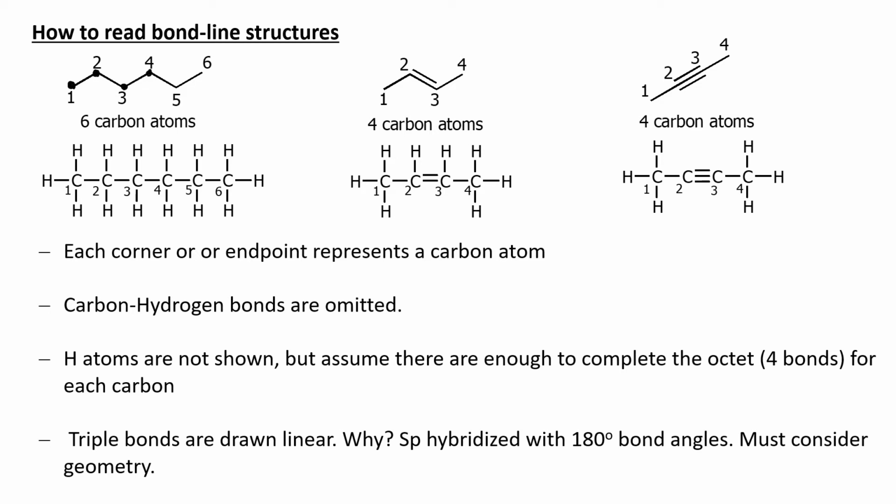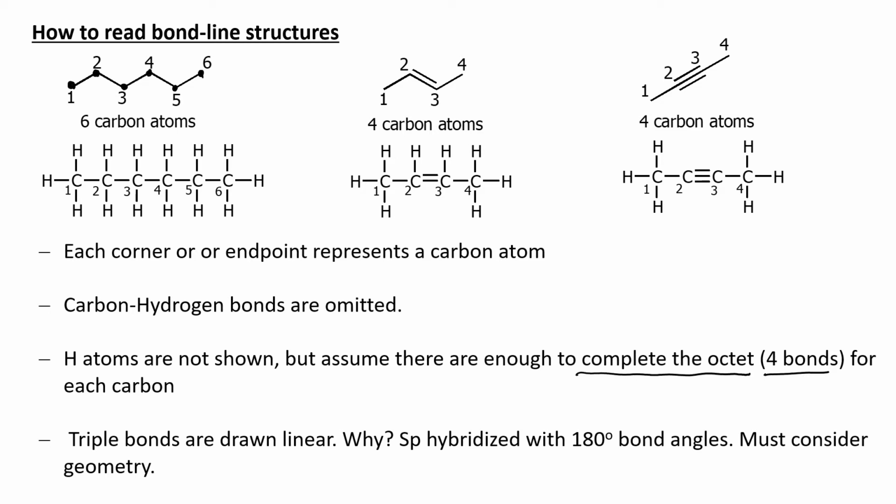Carbon, carbon, carbon, and carbon. You can see we have 6 carbon atoms. The carbon-hydrogen bonds are omitted because it's assumed that carbon should have enough hydrogens to complete its octet, making 4 bonds for each carbon atom.